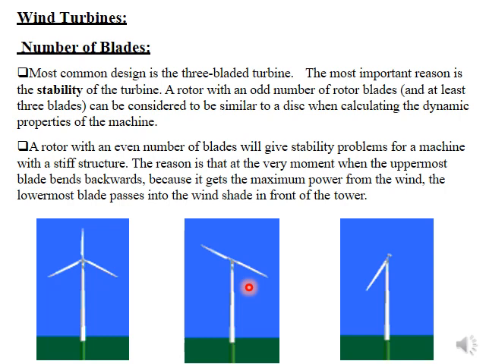So the 3 blade turbine is considered to be the most stable form of the turbine and is widely used in commercial as well as other applications.